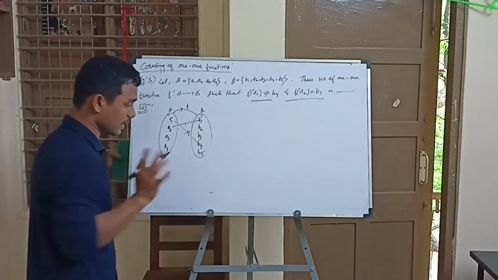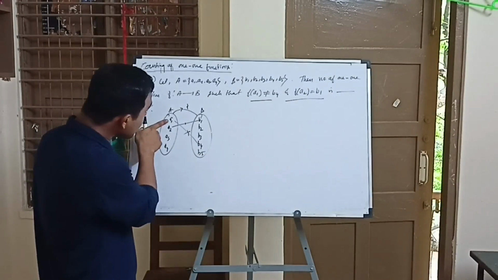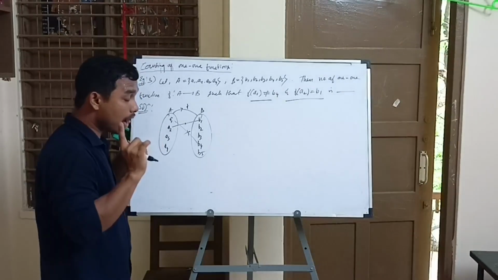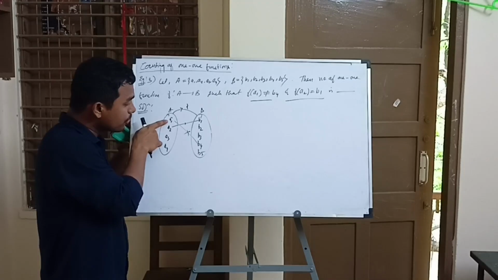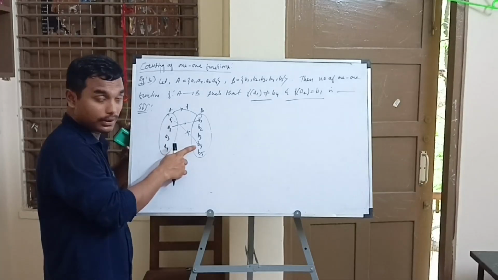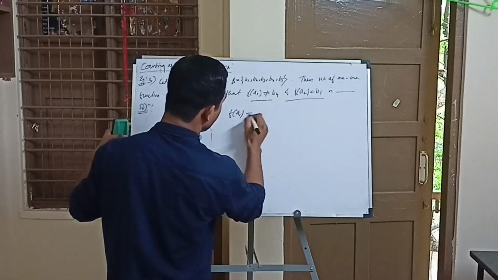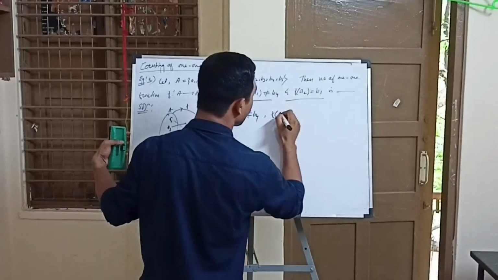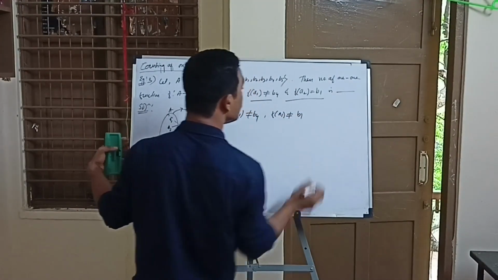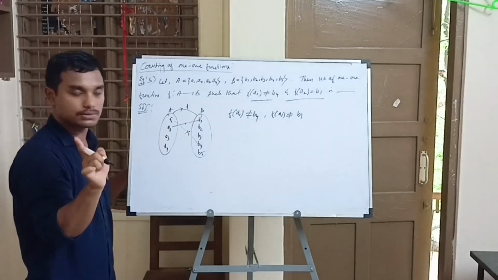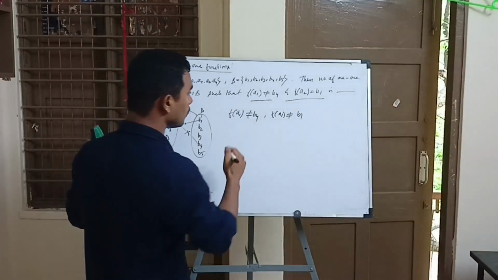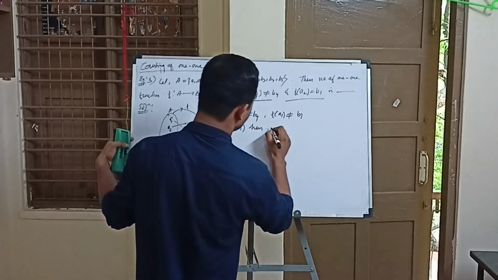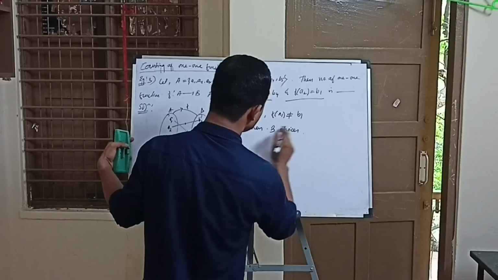So how many choices does A1 have? f of A1 cannot be B4, and also f of A1 cannot be B1 because it's a 1-1 function. So the image of A1 has 3 choices, right?